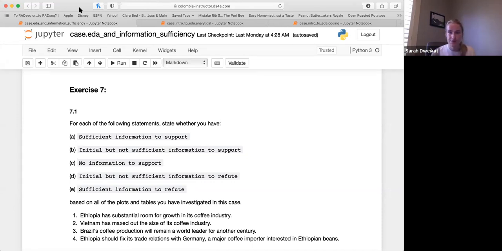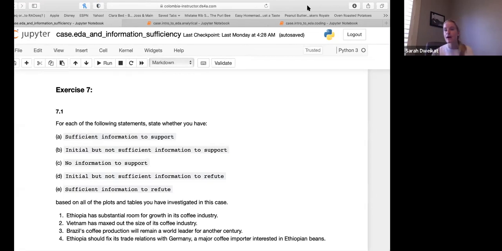And number 4, Ethiopia should fix its trade relations with Germany, a major coffee importer interested in Ethiopian beans. Do we have information to support this or to reject this, or initial information but not enough? So let's think about these questions, and based off of what we have done so far, in this case our data that we have seen, what can we say about these statements?